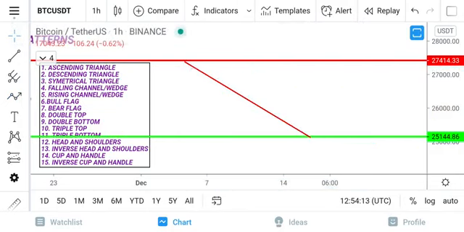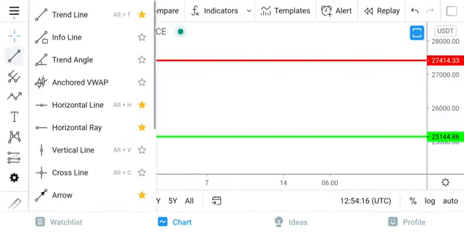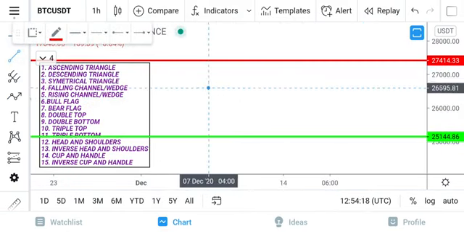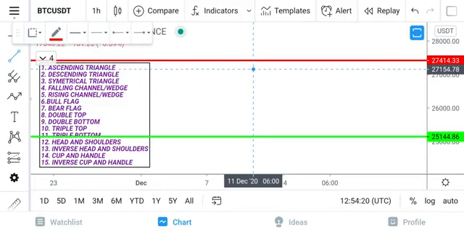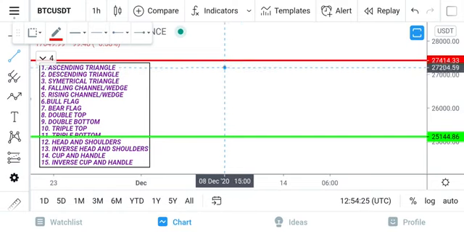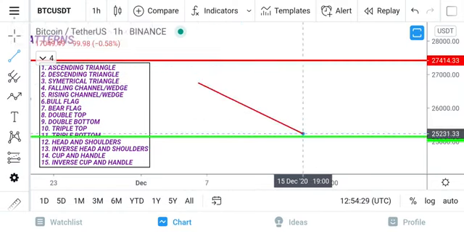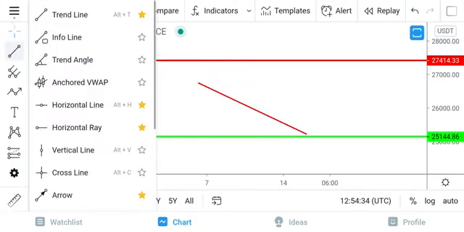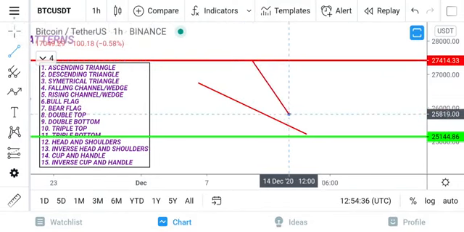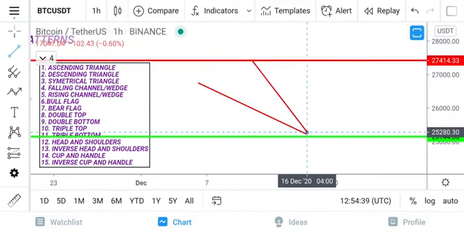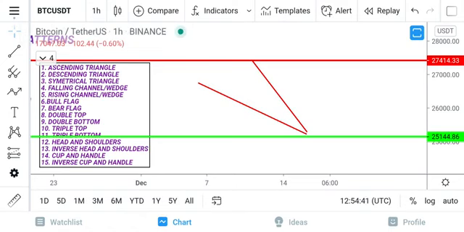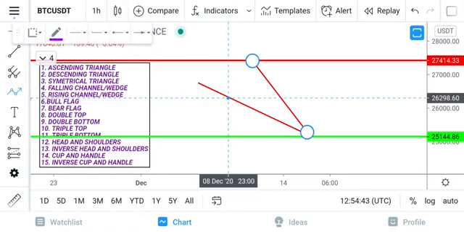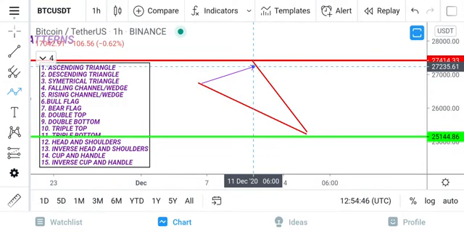So we also have a falling wedge. A falling wedge looks like a descending triangle, but it's not a descending triangle. It looks like this. So this falling wedge is a triangle that is pointing down, and the price is going to be moving within it like this.